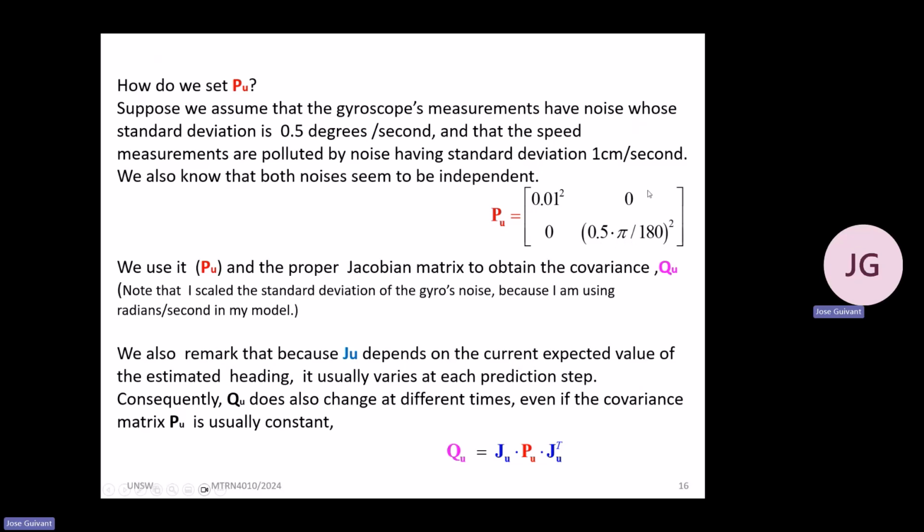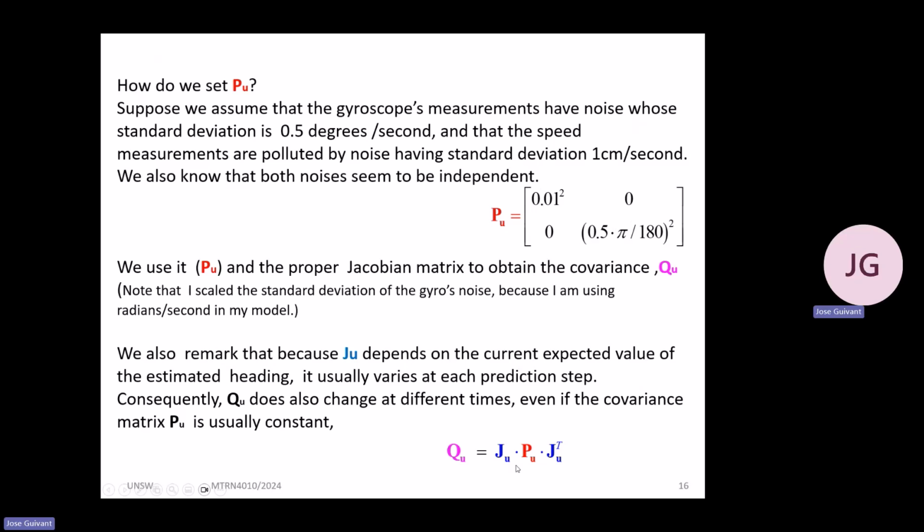That's it. This is my covariance matrix of the noise polluting the input measurement. It's diagonal, with the non-diagonal elements equal to 0, because the noise polluting one sensor and the noise polluting the other sensor have no connection between them. Statistically, those noises are independent. That is why this covariance matrix is diagonal.